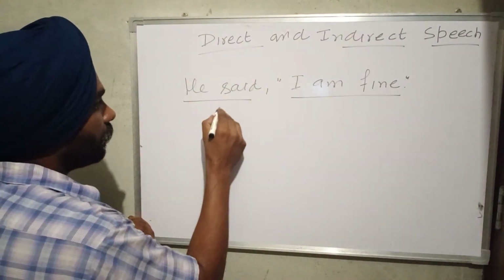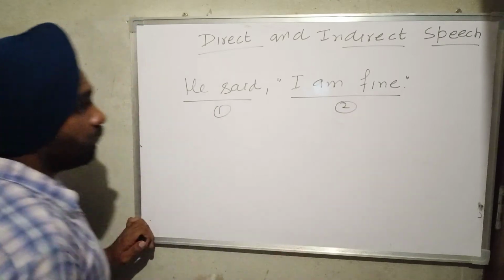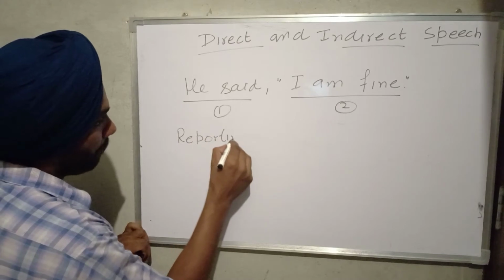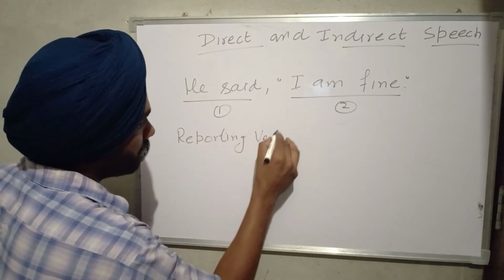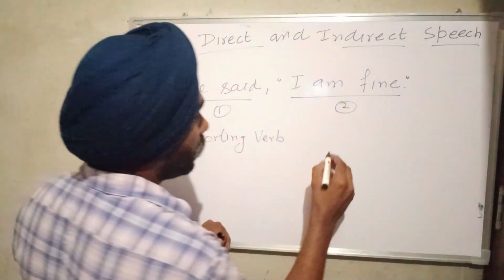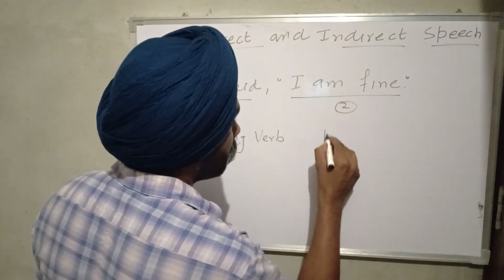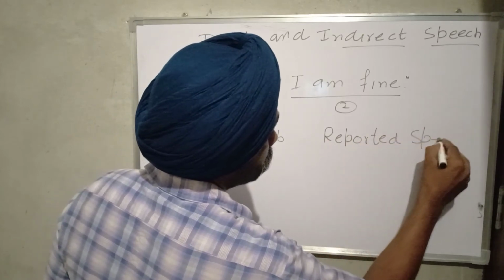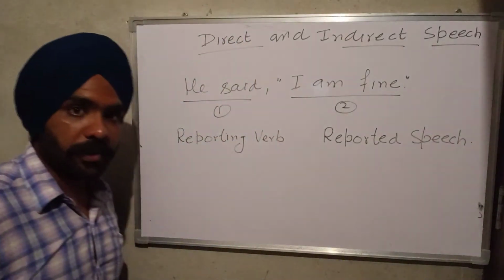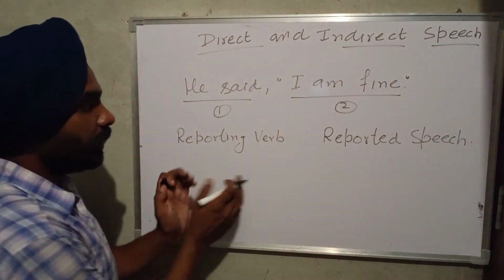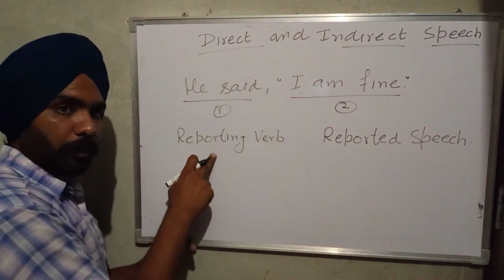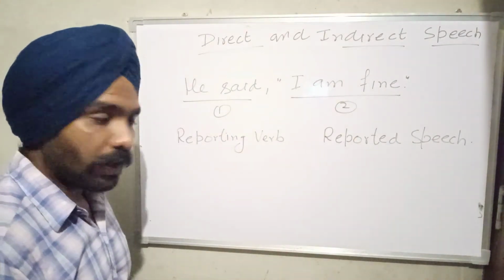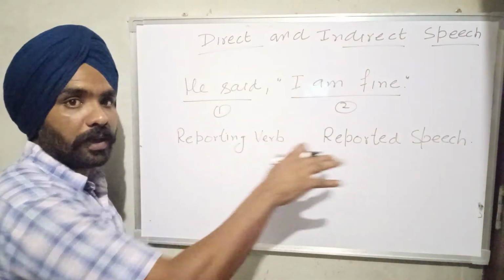The first part is called the reporting verb and the second part is called the reported speech. We always need to understand this, because all the changes are based on these two parts.